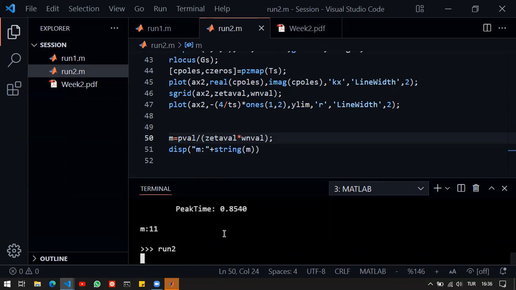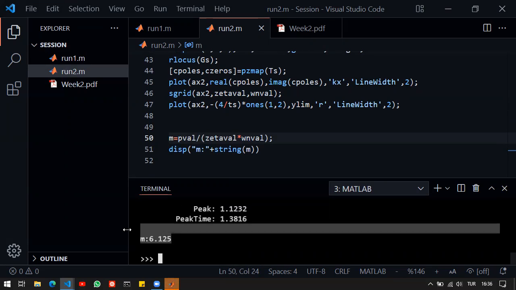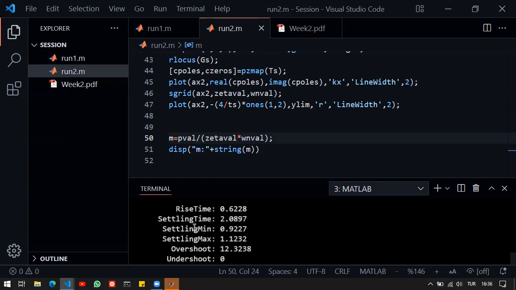So what about run 2? 6.125. So there's a massive decrease here. And I can also see that the settling time is a bit different than what I should expect, because the requirement was 2.5, but all I get is 2.0897.